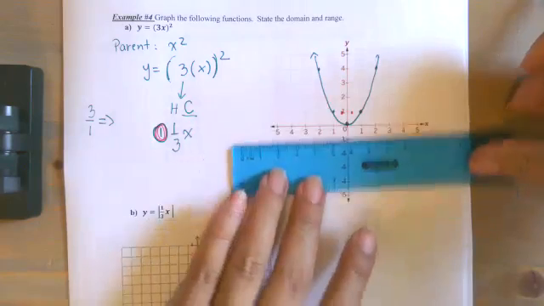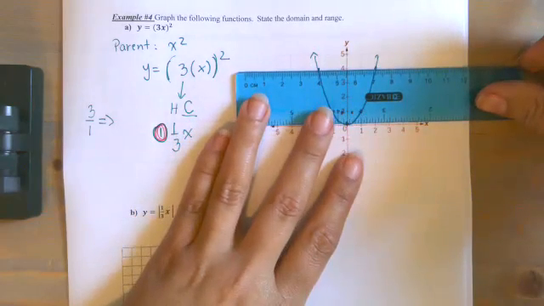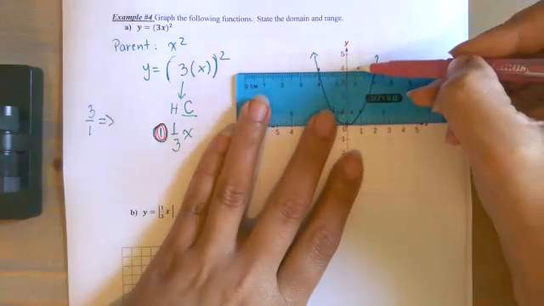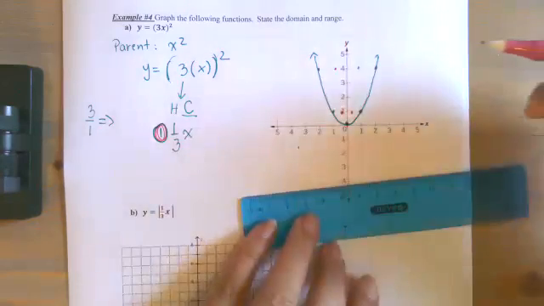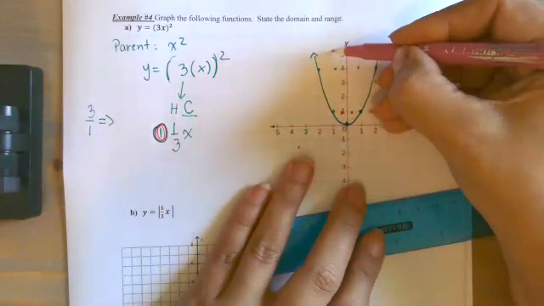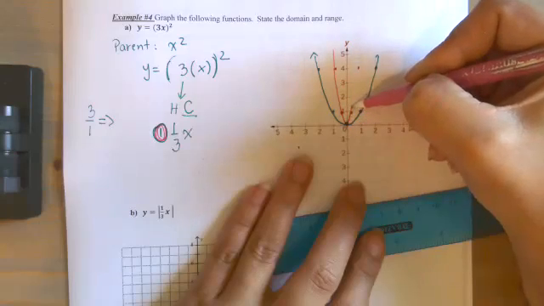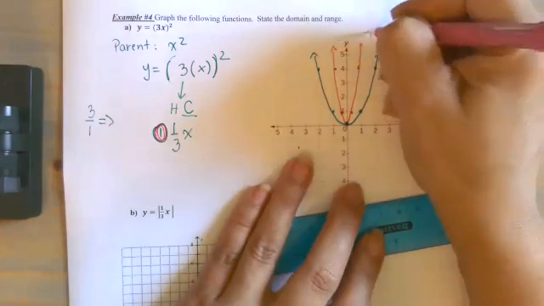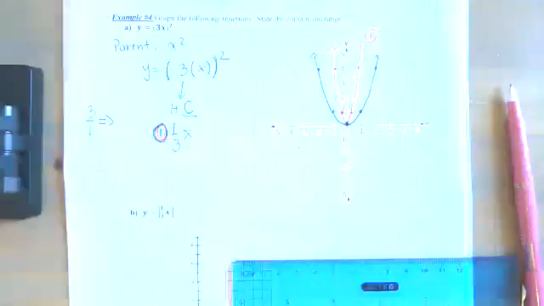And then for 2, we need 2/3. 2 times 1/3 is 2/3, so somewhere there, and then negative 2/3 somewhere there. The graph has to look visibly narrower because we compressed it horizontally. So imagine compressing.